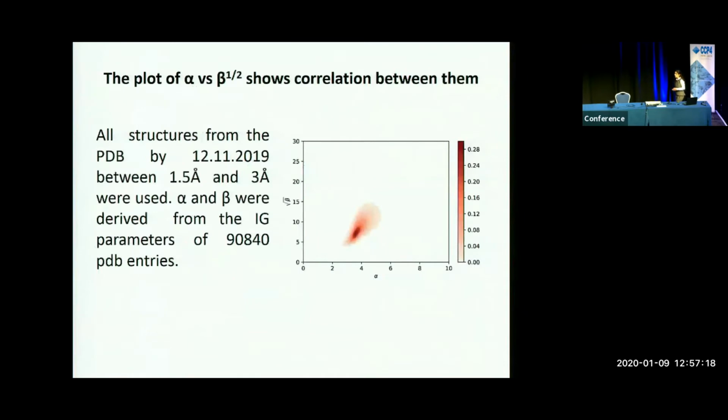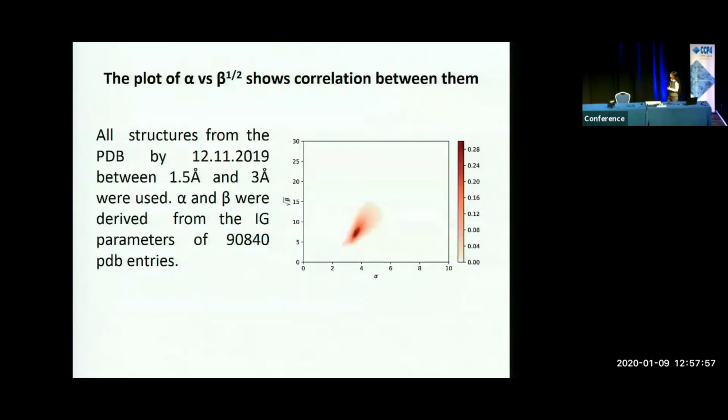We downloaded all structures from the PDB by the last of November, solved by X-ray crystallography within the resolution range between 1.5 and 3 angstroms, and plotted the alpha and beta parameters. If the alpha and beta parameters of the model of interest are outside of this region defined in the plot, these structures should be considered for refinement with careful consideration of atom types as well as erroneous loops.